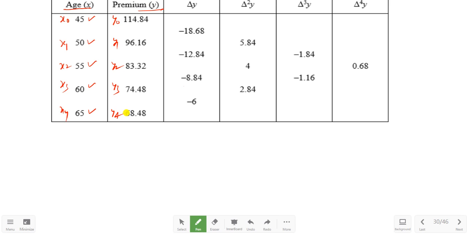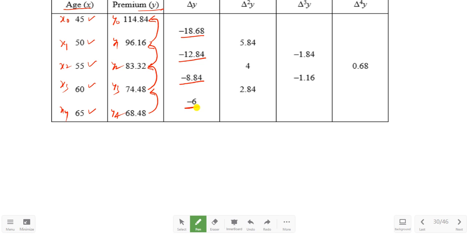For the first forward difference, this value minus this we obtain minus 18.68, then minus 12.84, minus 8.84, and minus 6.